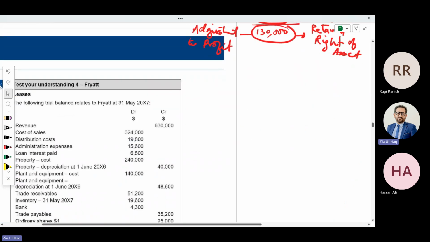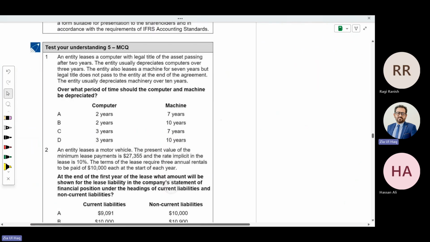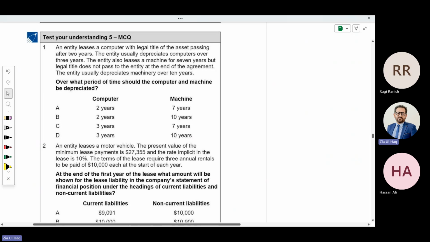Now moving towards questions. Question 4 we will discuss later in future because that relates to preparing financial statements, profit and loss, balance sheet. So question number 5, there are MCQs. Number 1. An entity leases a computer with the legal title of the asset passing after 2 years.